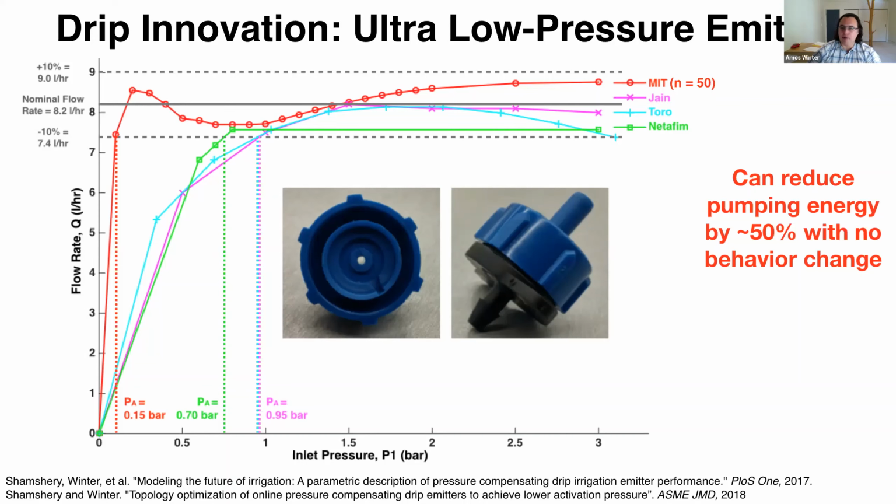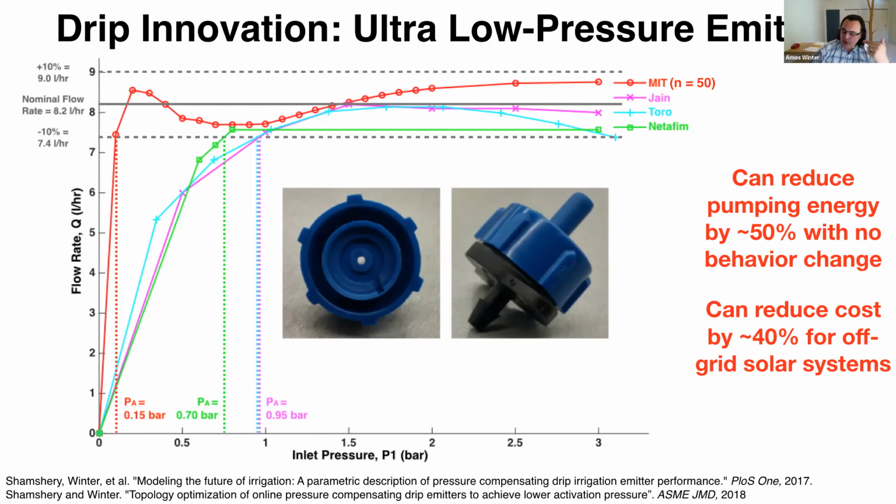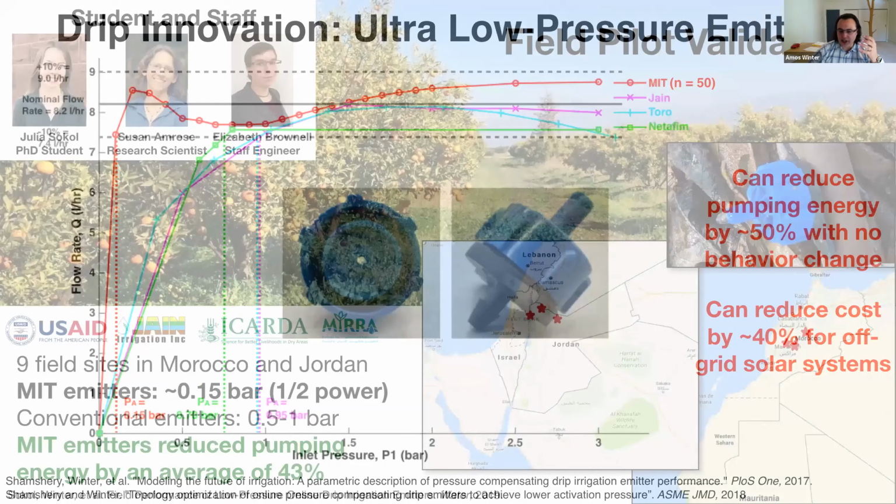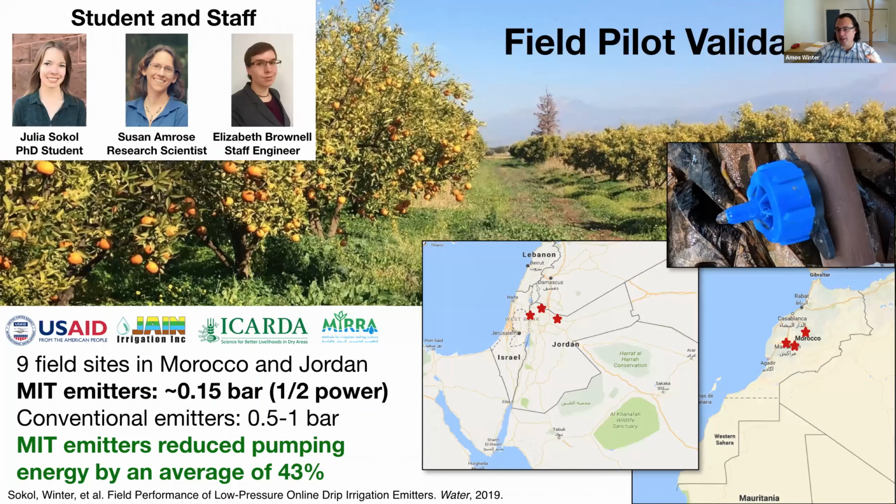You swap out the drippers, you run your pumps at lower pressure, boom, you can cut your energy costs in half. And also for off-grid, our target markets, we can lower the cost of an off-grid solar-powered drip irrigation system by about 40%. So we haven't just done this in the lab, we've actually done 2 years now of field pilots throughout Jordan and Morocco at 9 locations.